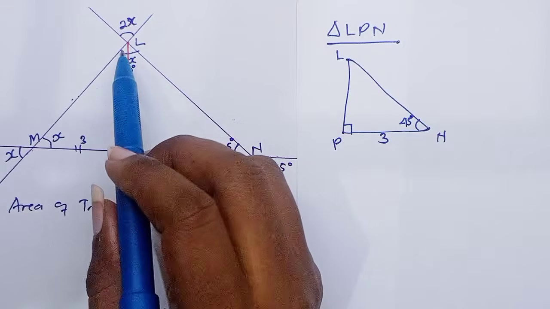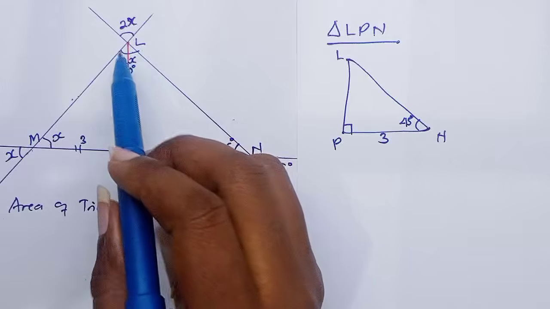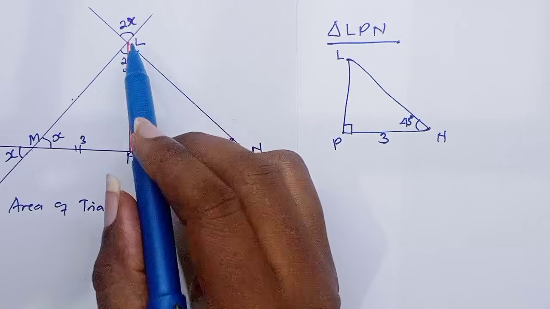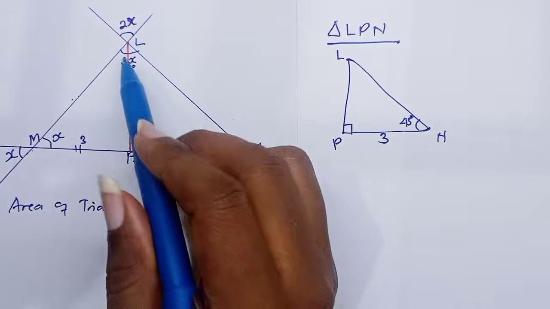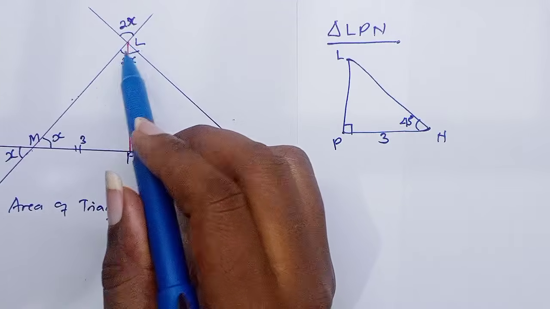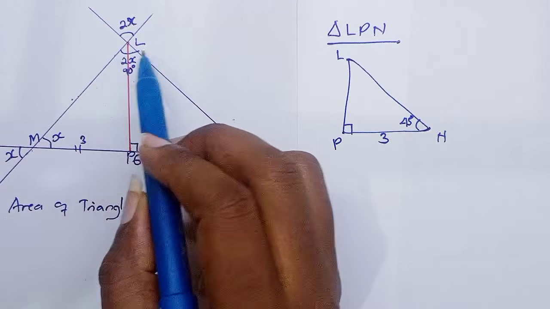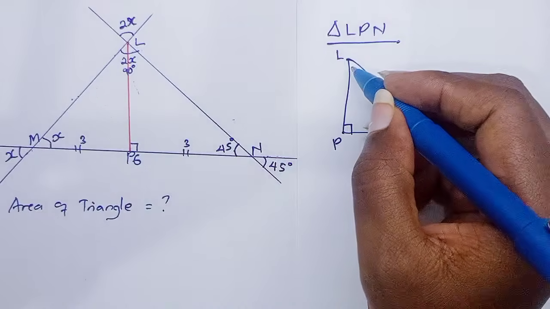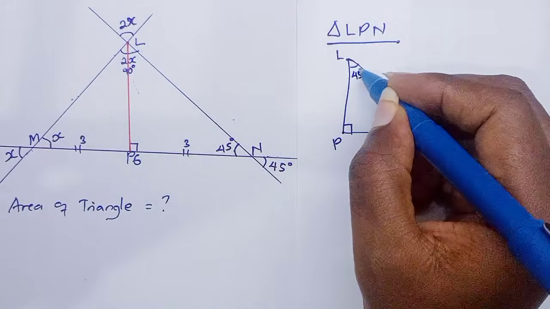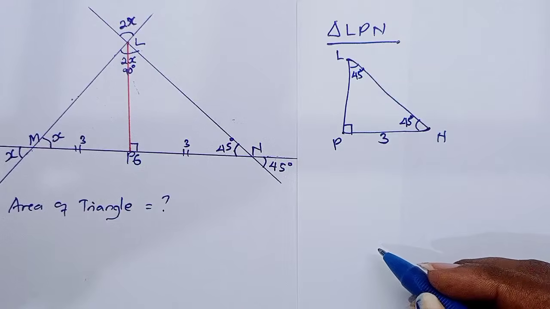Now, since this angle at L, this whole angle here is 90 degrees, that implies that if this bisector here divides the angle into 2, so this half is 45 degrees and this is 45 degrees. So this here becomes 45 degrees.